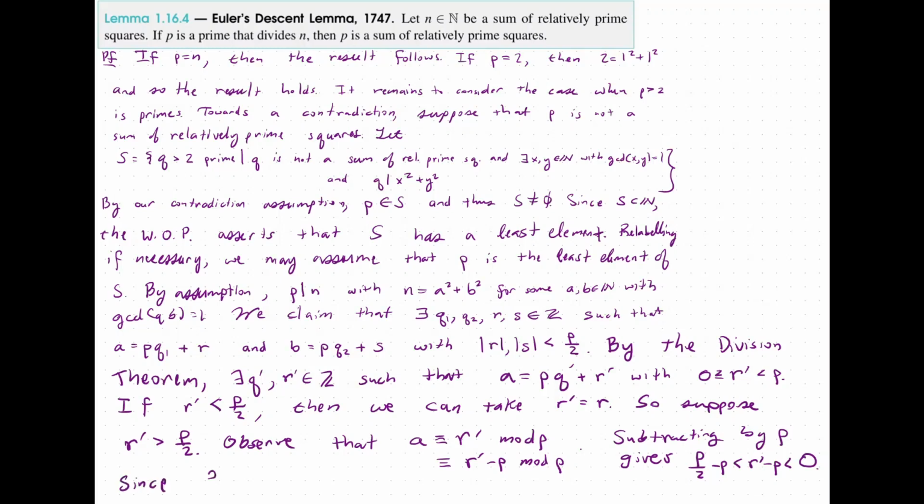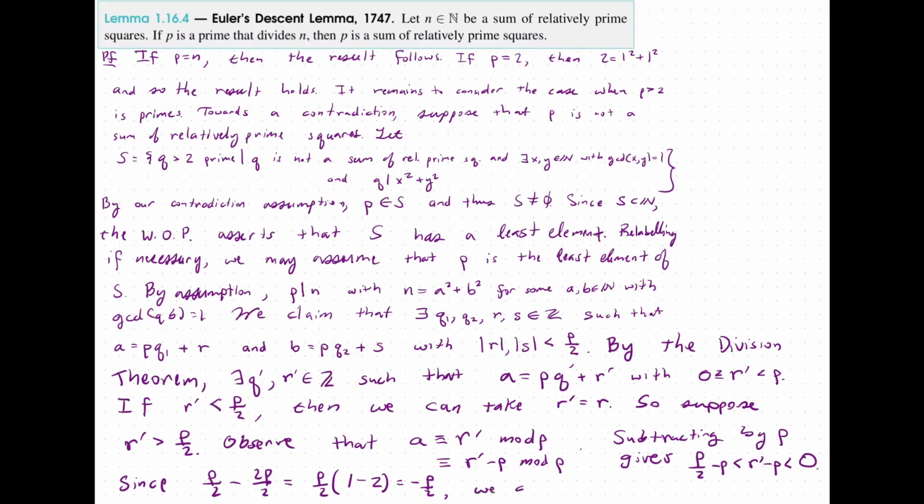And now since P over 2 minus P, well, P is just 2P over 2. So we can go ahead, factor a P over 2, and this becomes a 1 minus 2, which is negative P over 2.